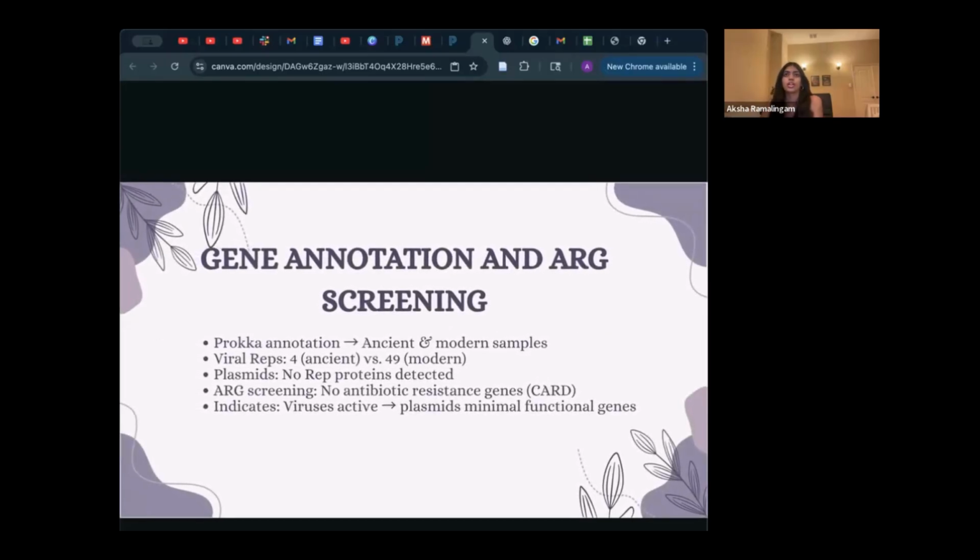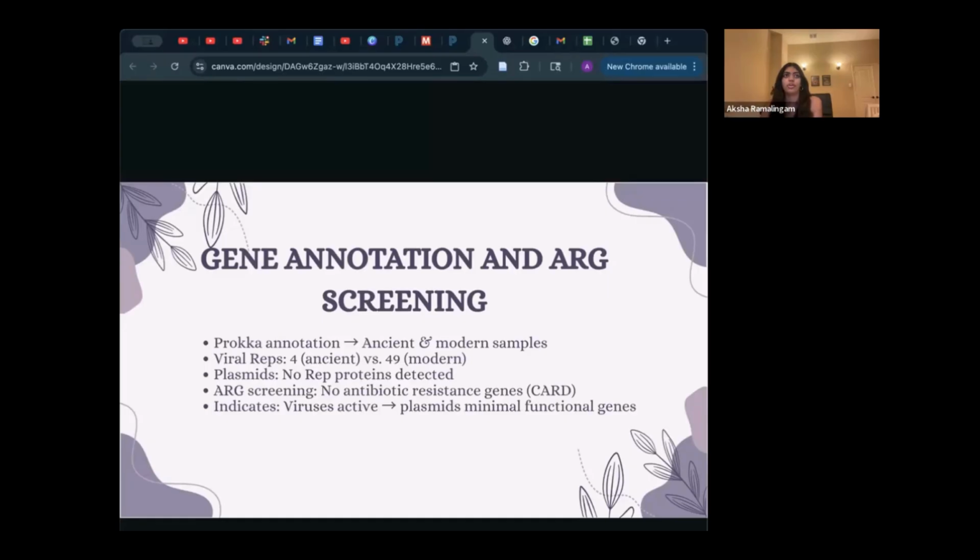So we started with gene annotation and antibiotic resistance screening. By annotating all the sequences using Prokka, we were able to have functional predictions for both the ancient and the modern samples. So the key result with this is that the replication-associated proteins were very abundant in our viruses, but completely absent in our plasmids.